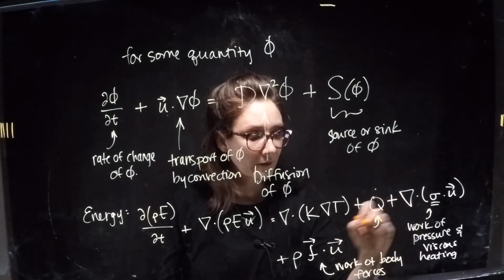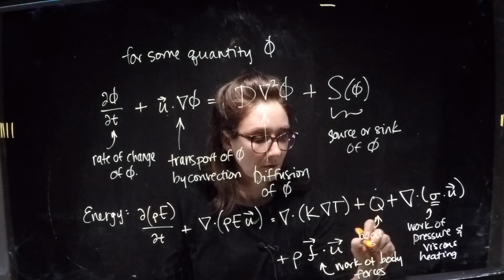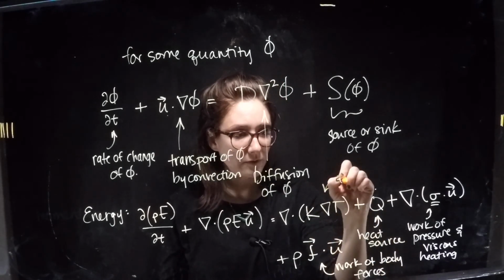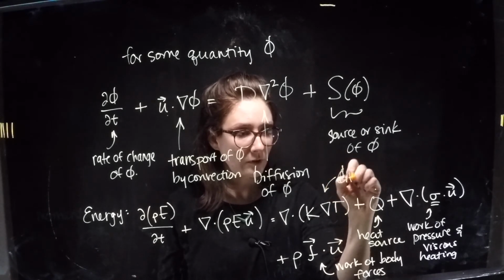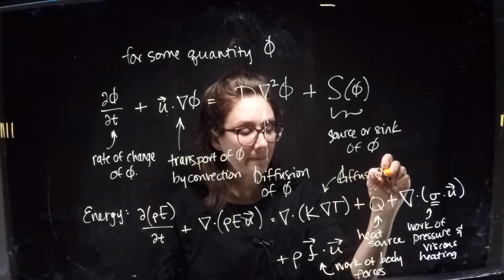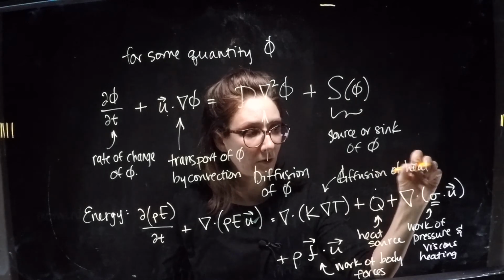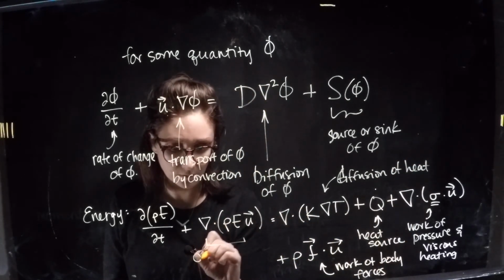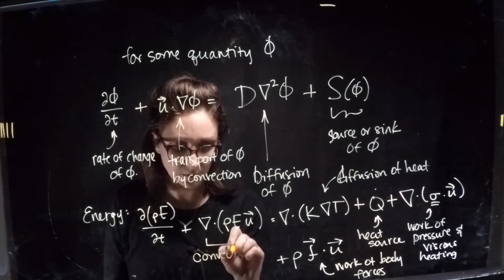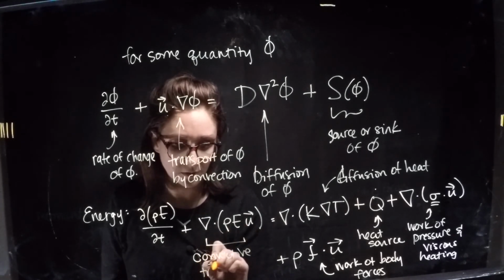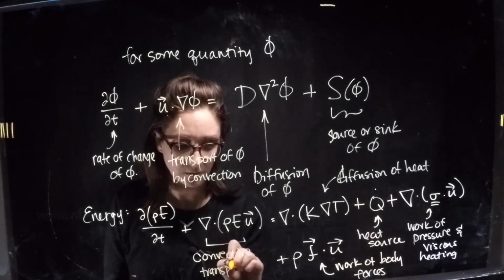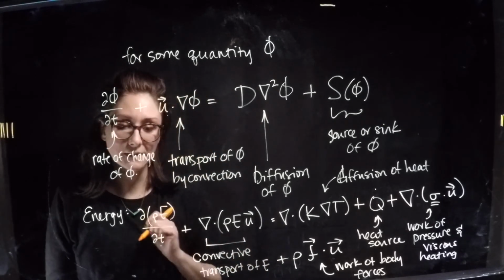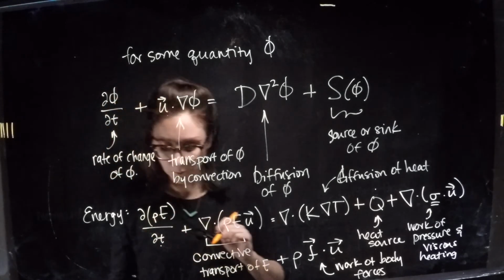This is our heat source. This is diffusion of heat. And this is our convective transport of energy. And then obviously this is our time rate of change of the energy in the domain.